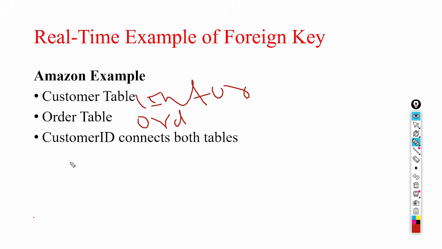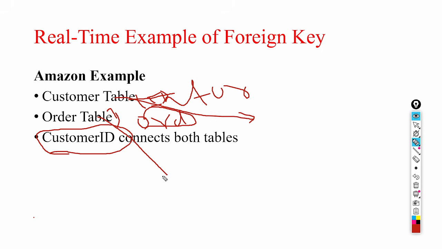Using the customer ID, Amazon can determine which customer placed the order. Here customer information is there and here order details is there, and based on this customer ID, we get the customer information and the order information. Here customer ID acts as a foreign key.